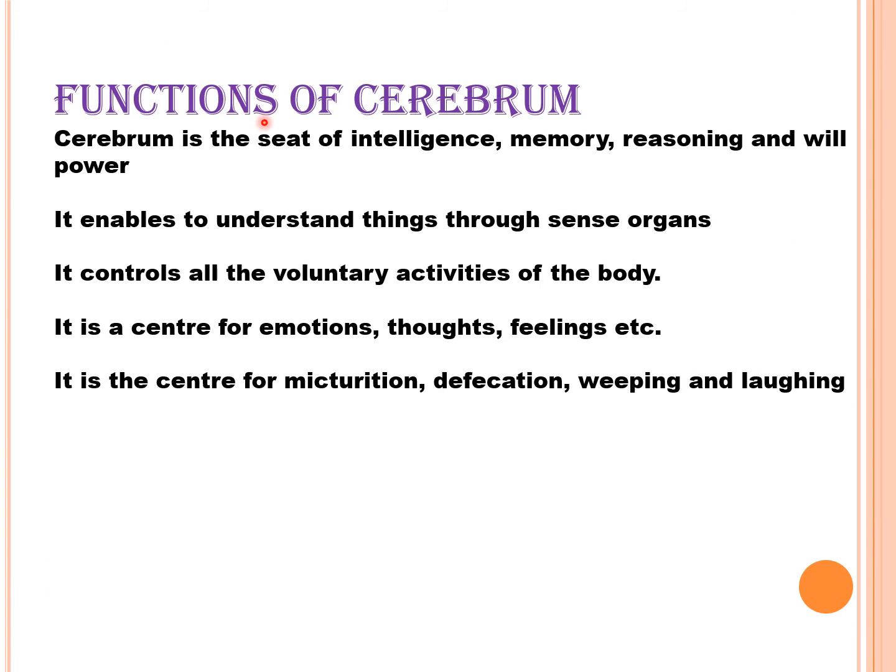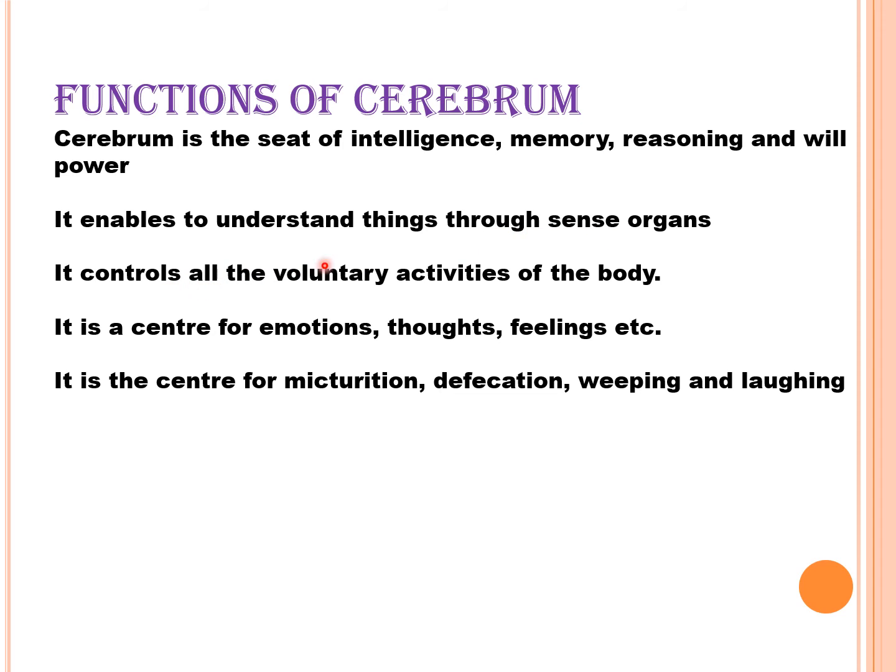The main functions of cerebrum are: the cerebrum is the seat of intelligence, memory, reasoning, learning, and willpower. It helps us to understand and perceive the sensory stimulus through vision, taste, smell, sound, touch, and speech. Therefore, the second function of the cerebrum is it enables us to understand things through the sensory organs.